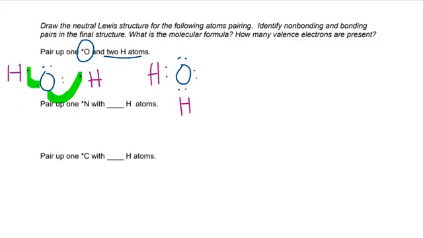And now let's look at numbers. Let's take my green here. I've got two bonds, which equates to 4 electrons.